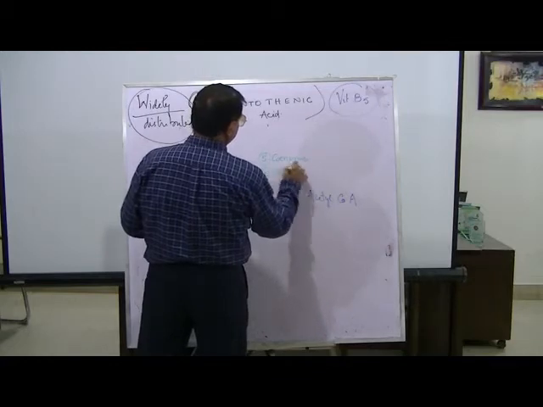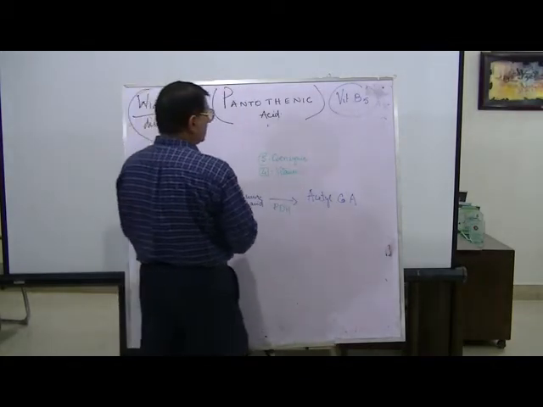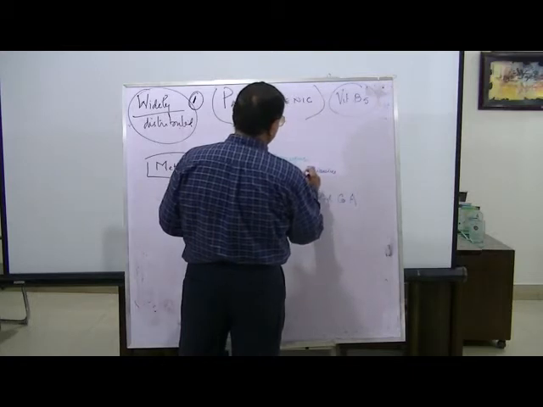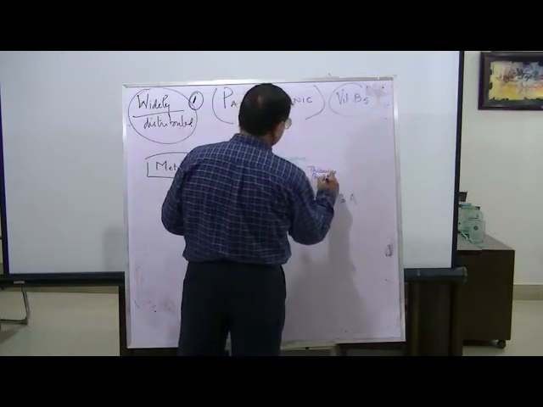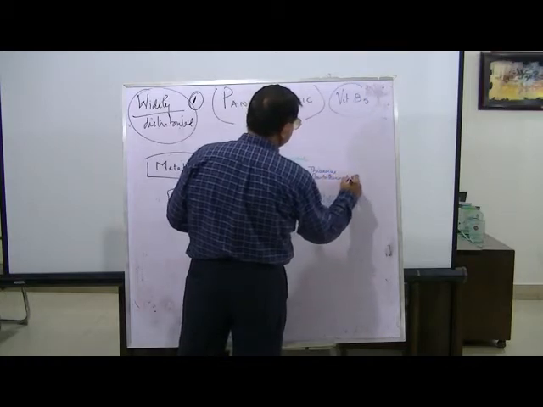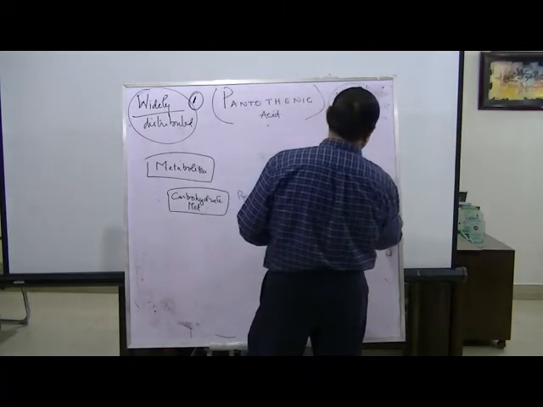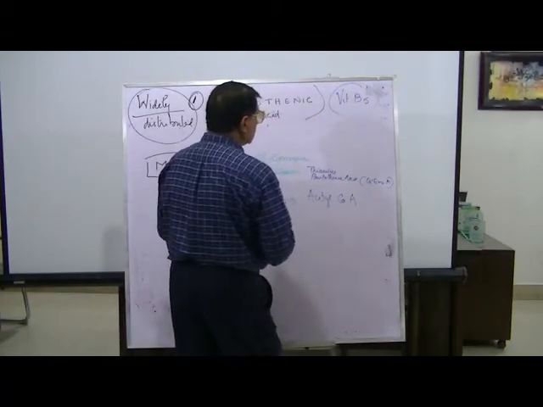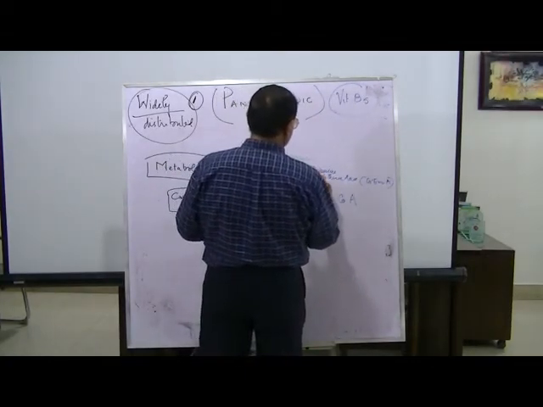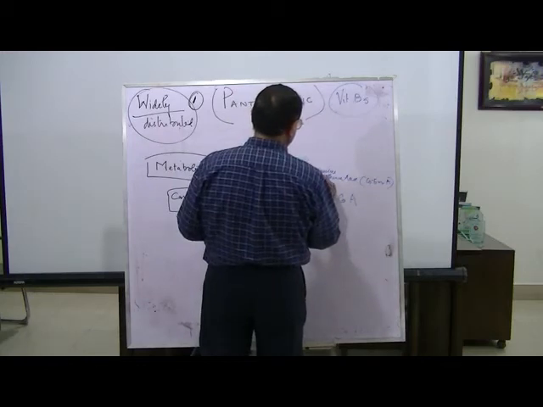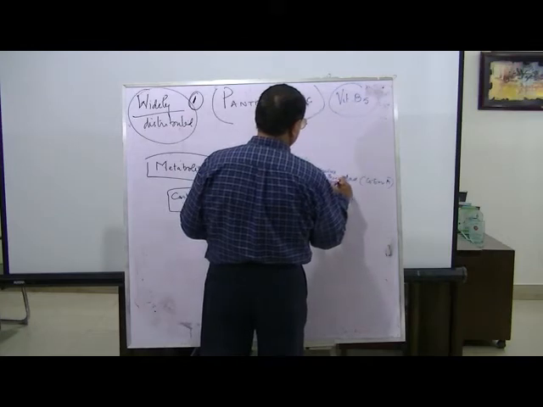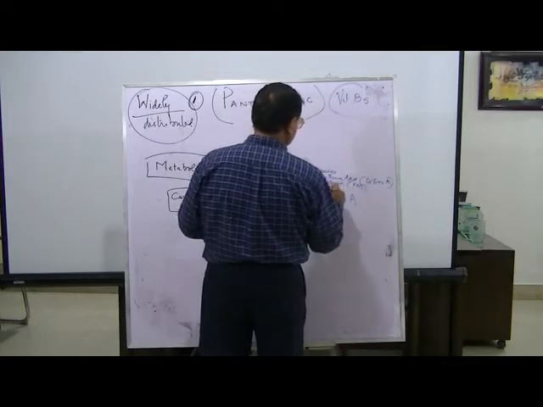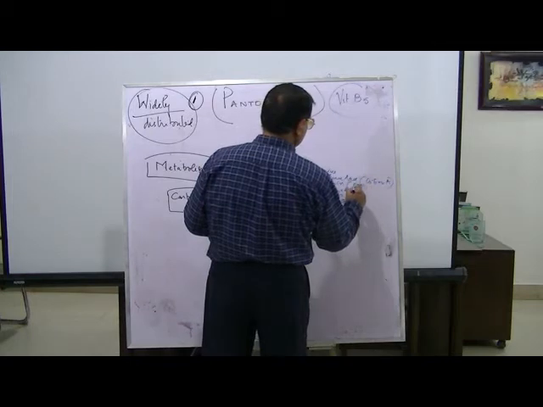That is thiamine, B1, pantothenic acid in the form of coenzyme A, riboflavin in the form of FAD, nicotinic acid in the form of NAD.